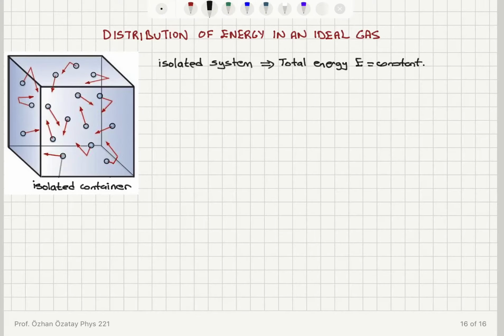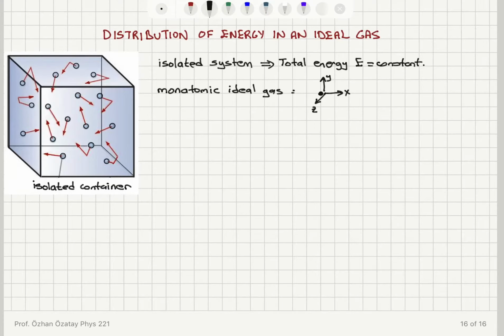If you remember from your thermodynamics class, we have two possible cases we talk about, monatomic and polyatomic gas. So if you have a monatomic ideal gas, then we only have the motion of the atoms in x, y, and z-axis.